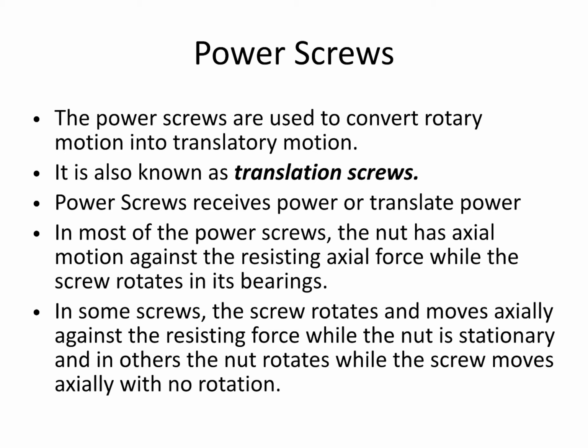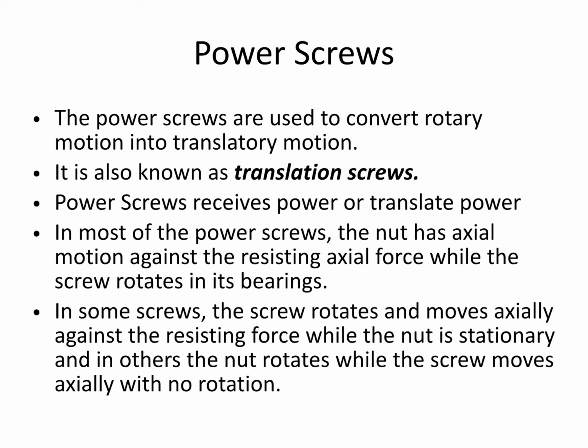So translational motion is imparted on the nut itself. In another type of arrangement, the screw rotates and moves axially against the resisting force while the nut is stationary. And in other types, the nut rotates while the screw moves axially with no rotation. So in the screw there is no rotation but the nut rotates. So there are three types of arrangements which are possible with the power screw.